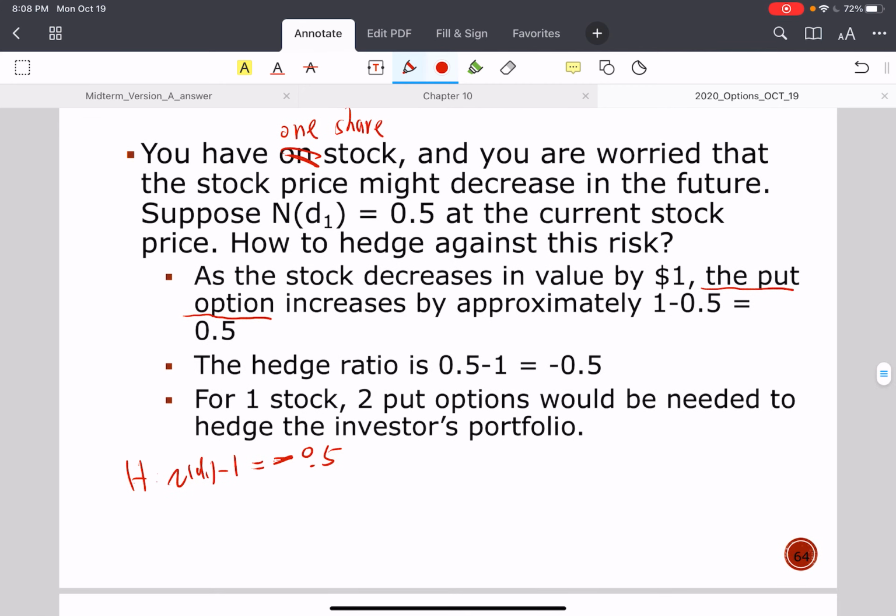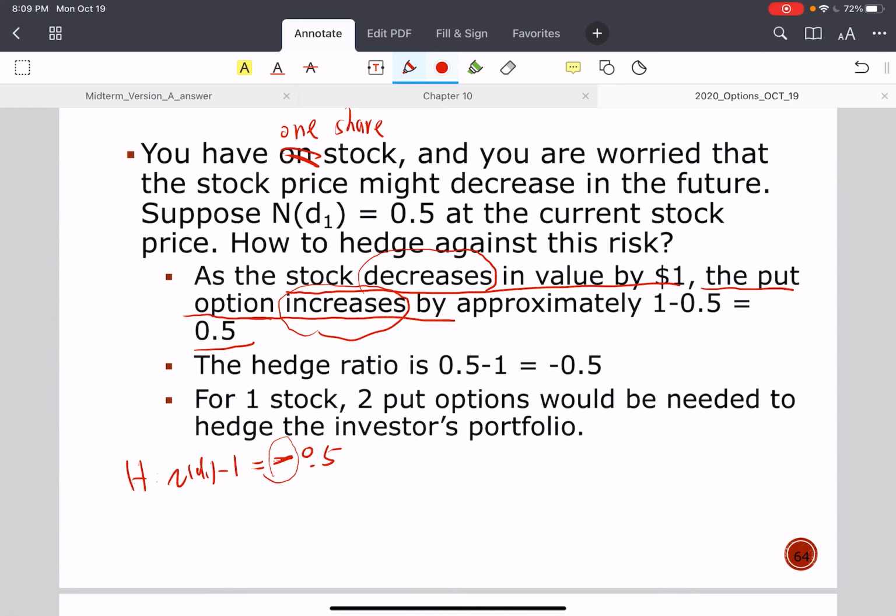So this basically means if stock price decreases by 1, the put option will increase by 0.5, right? Remember that we have a negative sign here. So that's why if there is a decrease in stock price, you will have an increase in the put option value. So they should move in the opposite direction.